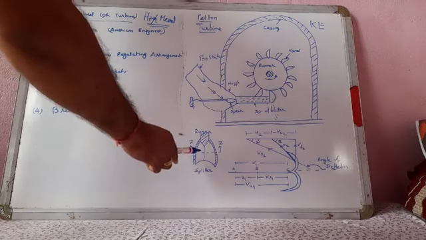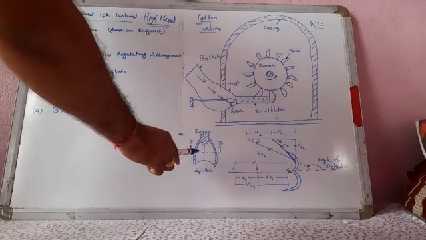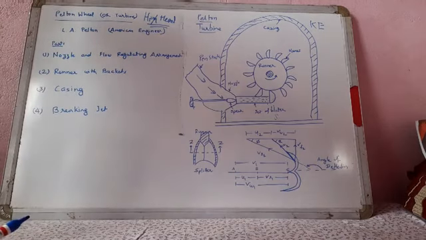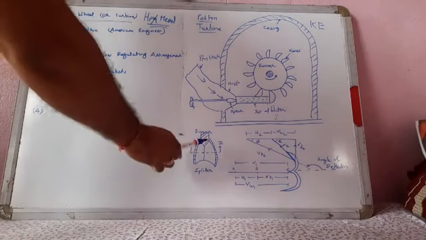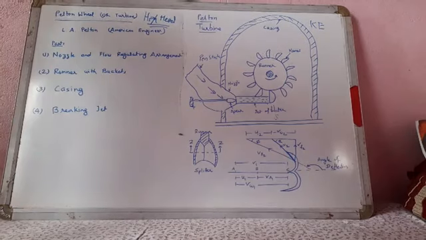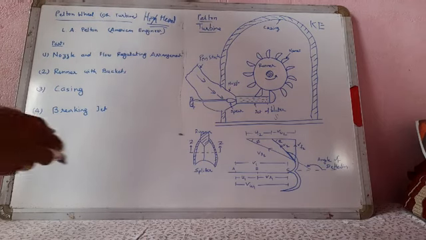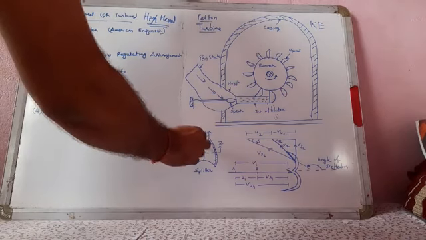Each bucket is divided into two symmetrical parts by a dividing wall, which is known as the splitter.